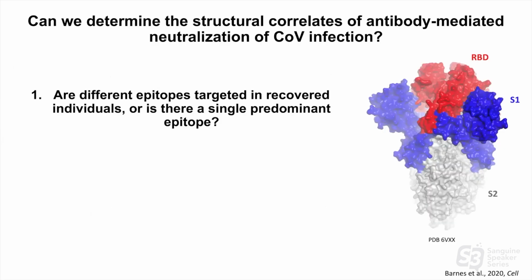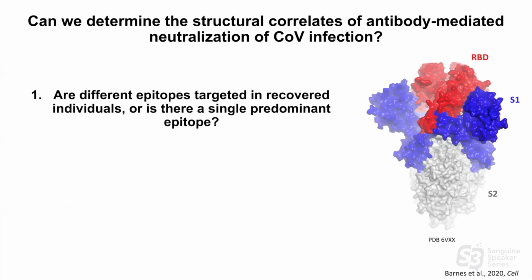Okay, so now what we were trying to do with the plasmas originally was, can we determine the structural correlates of antibody-mediated neutralization of coronavirus infection? So the question we were first asking is, are different epitopes targeted in recovered individuals in their polyclonal mixtures, or is there a single predominant epitope?